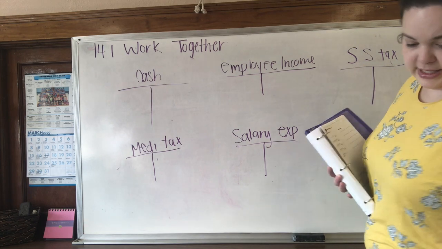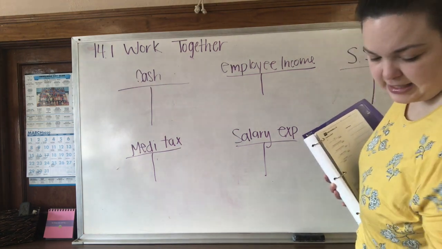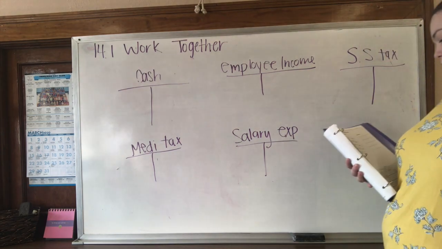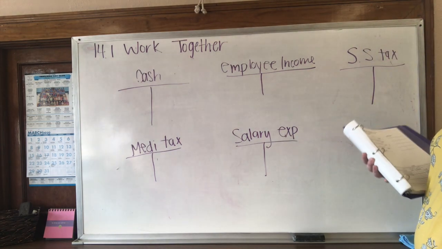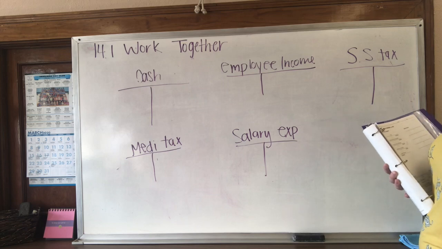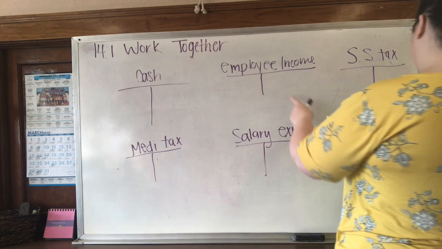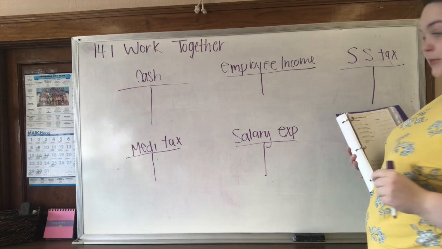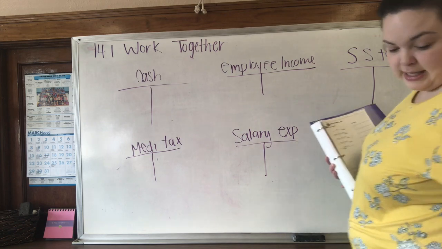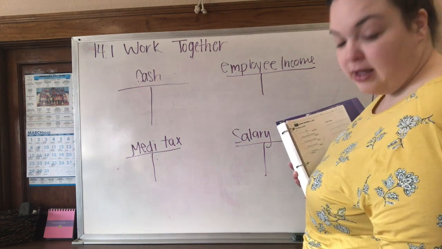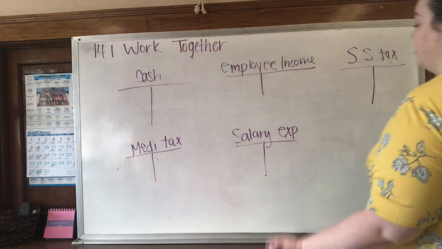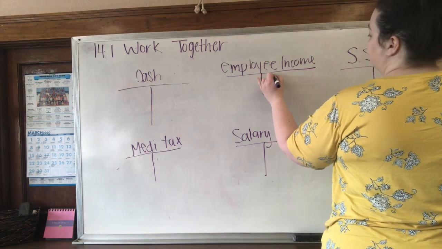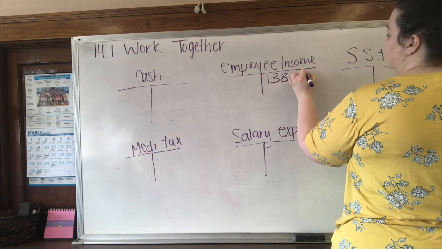So the book gives us federal income tax withheld. You're going to go to your employee income tax payable, and you're going to take your federal income tax withheld of $13.86 and put it on your credit side. So $13.86.